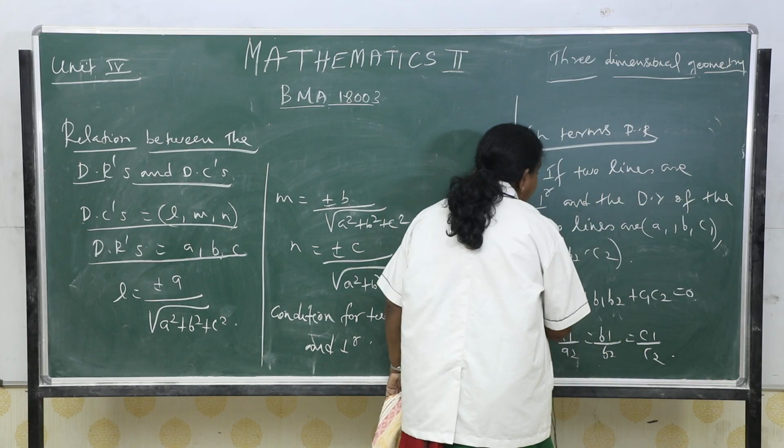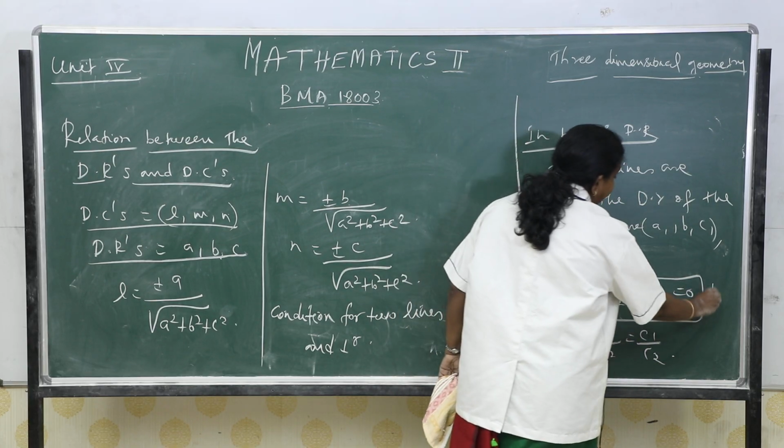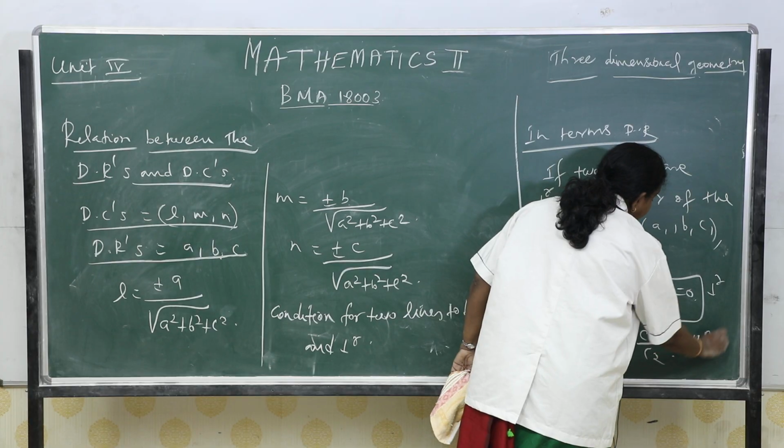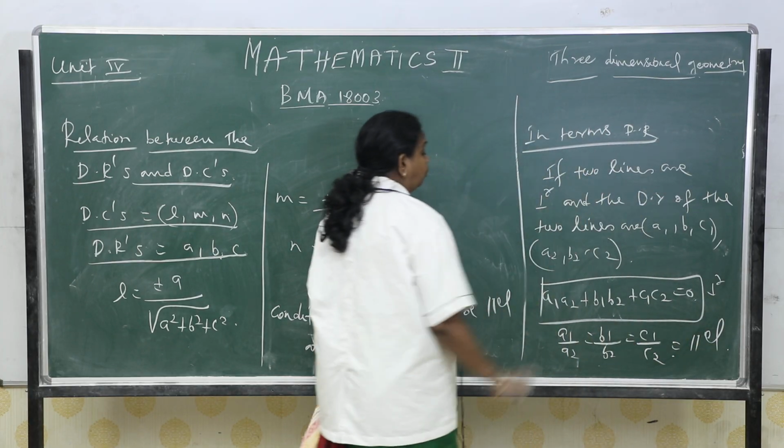Once again, this is the condition for perpendicularity and this is the condition for two lines to be parallel in terms of DRs.